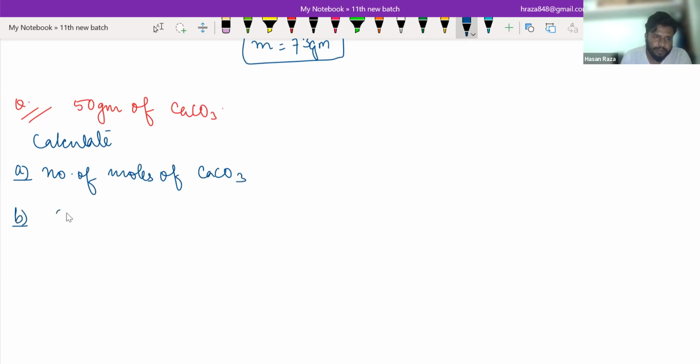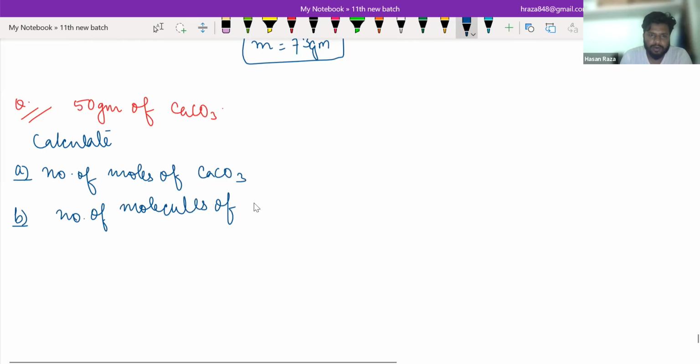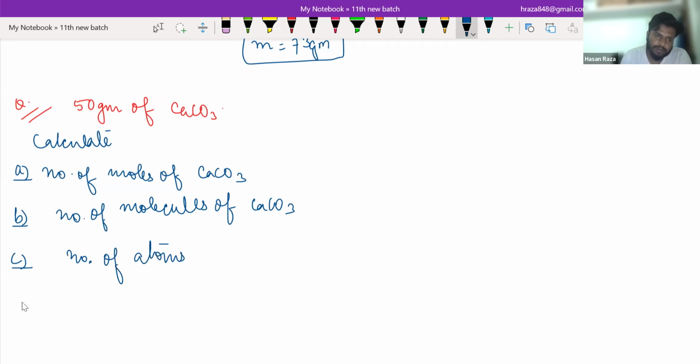B, number of molecules of CaCO3. C, number of atoms, that means total number of atoms. D, number of carbon atoms. Number of calcium atoms you can call.